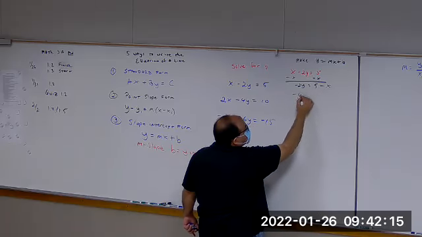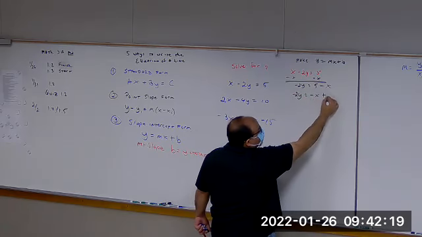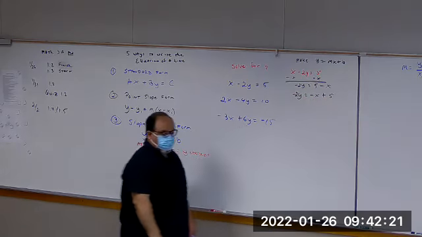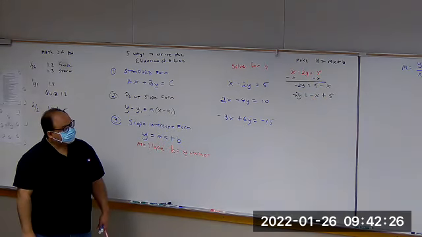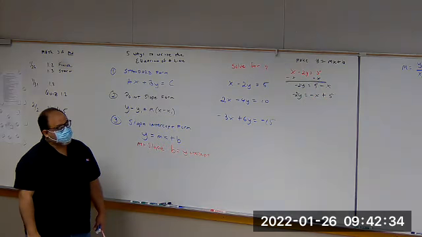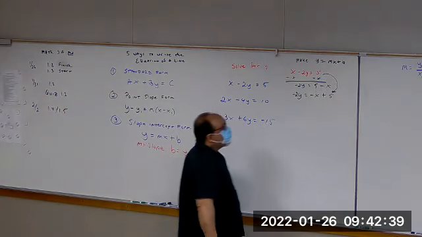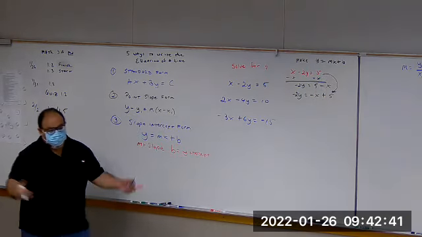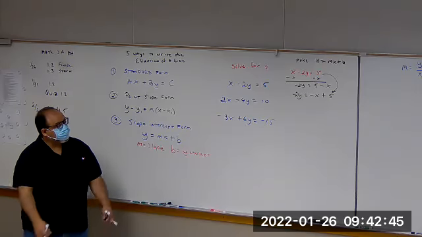You want to actually write minus 2y equals a negative x and then a positive 5. So just go from here straight to there. And again, I'll be doing so many examples that you hopefully will catch on.